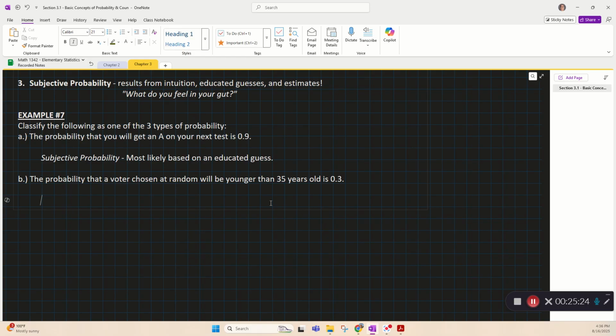And if we pull data from it, that becomes empirical. So we have data already. We've collected the data on the registered voters. So this is most likely based on a survey of registered voters.